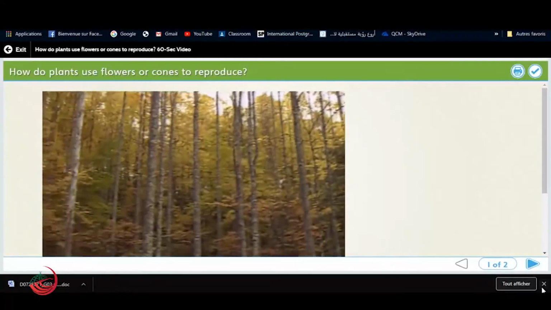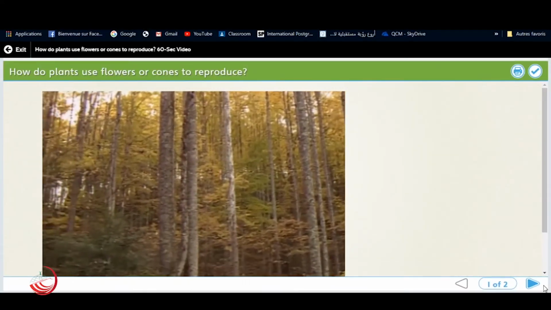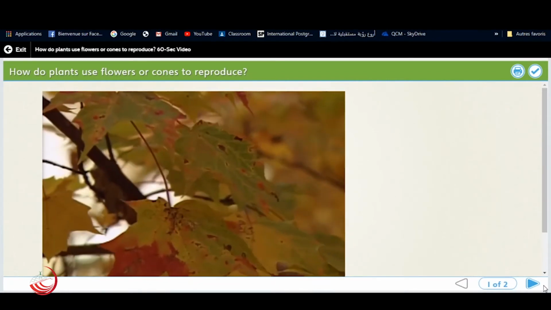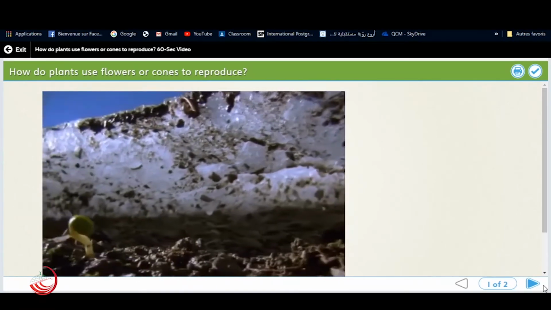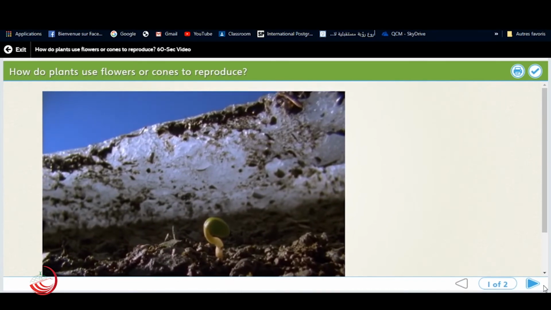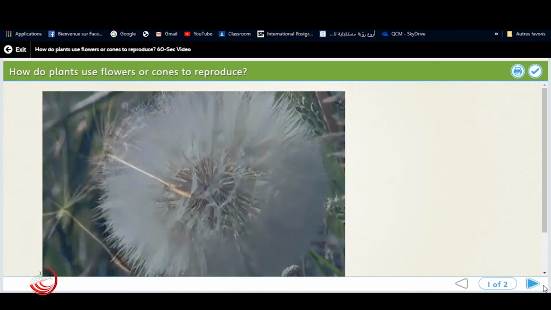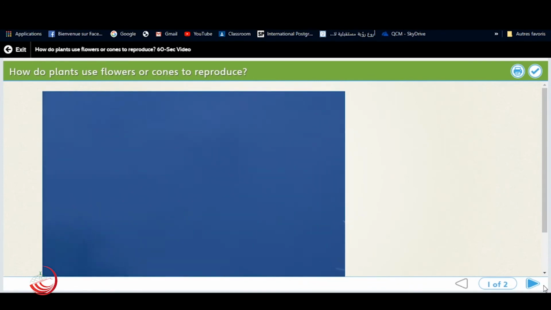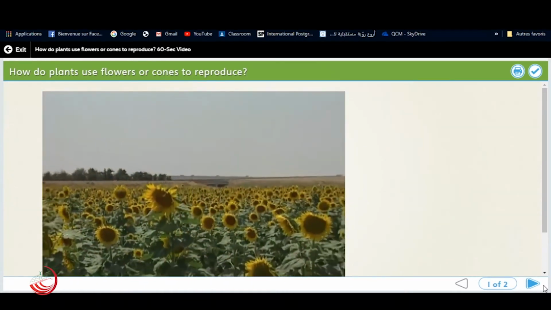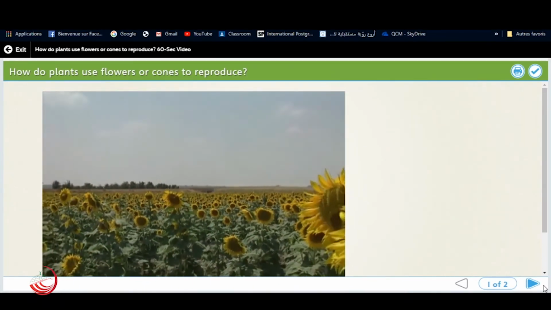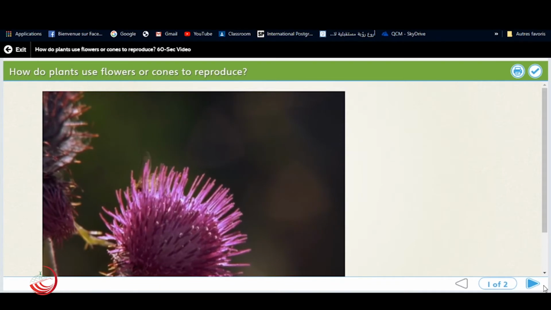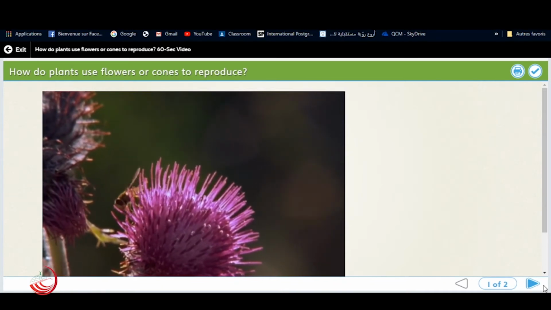When plants make more of the same kind, they reproduce. For example, maple trees produce seeds that can grow into new maple trees. In order for the seeds to germinate or begin to grow, the seeds need air, the right amount of water, and the right temperature. After a seed is produced, it might scatter or move away from the parent plant. This gives the new plant more room to grow. Flowering plants reproduce by growing flowers that can make seeds. One part of a flowering plant makes the pollen, and another part, the petals, attracts bees and other animals to the flower.